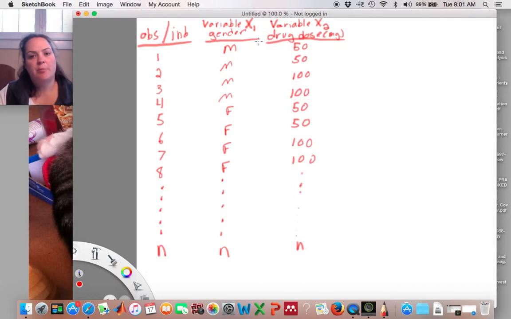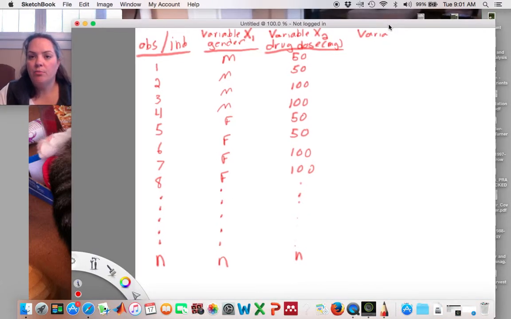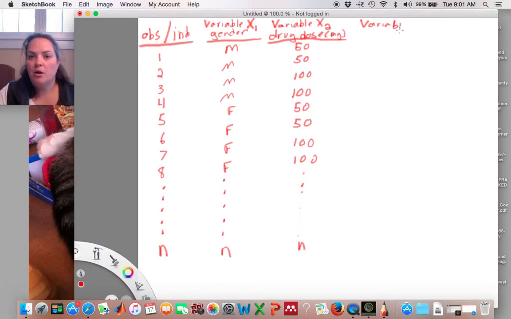So these are our independent variables. These are the variables that we are manipulating. But what about our dependent variables, our variables that depend on these manipulations? So in our data set, we would have variable y1, and I'll just put one y variable for now.